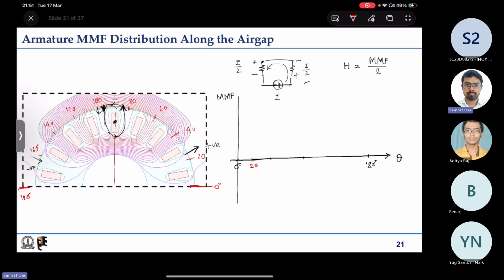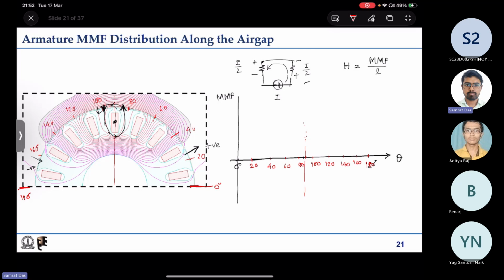So this is 20, 40, 60, 80, 100, 120, 140, 160, 180. Now our magnetic neutral, or interpolar axis, is at 90 degree. That is the interpolar axis. I am indicating it with a dotted line. Now if we take a flux line like this, on one side the MMF drop is plus I by 2, and on the other side we have minus I by 2.